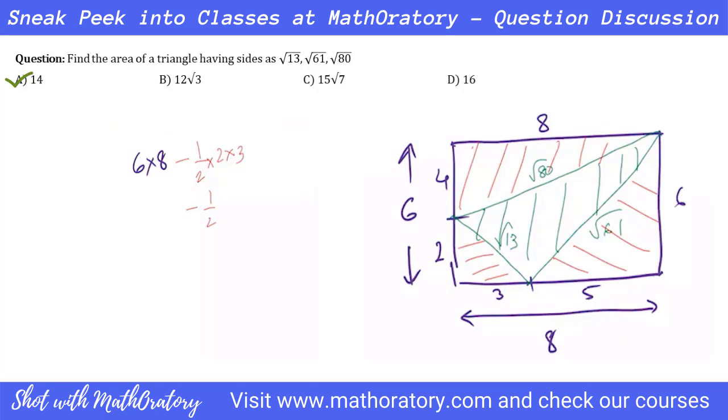So minus half into 4 into 8. And the third one has sides 5 and 6. So minus half into 5 into 6. 48 minus this bit is 3, this is 16, so that is 19. And this is 15. So 19 plus 15, that is 34. So 48 minus 34 is 14.